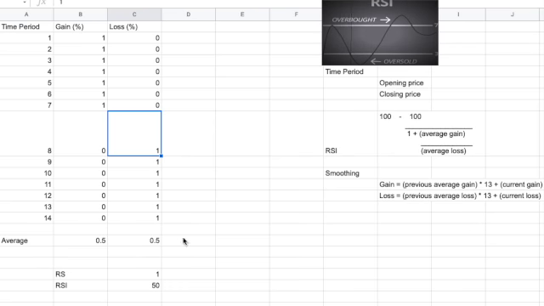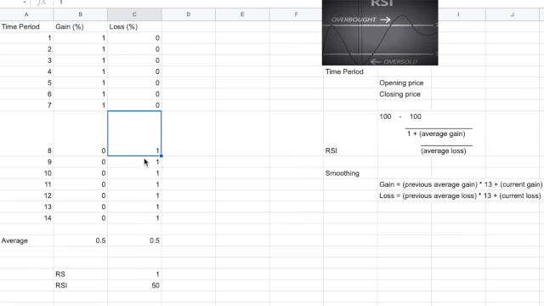So you have exactly average 0.5, and the relative strength is 1 because you have an equal number of gains and losses. The RSI becomes 50. So 50 basically means that it's midway.